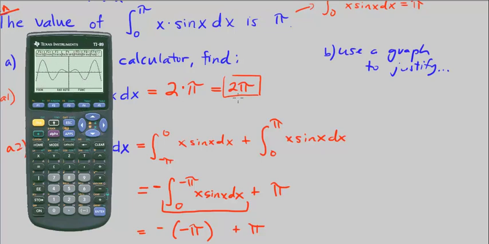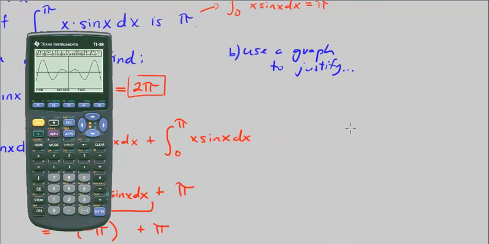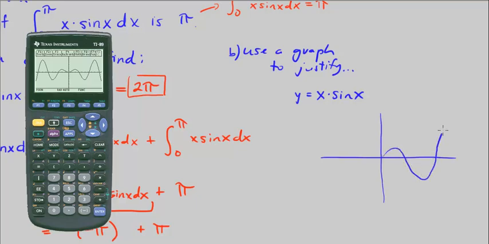And looking at the graph, you can see, right, so here's the graph. Here is x, let's say y is equal to x times sine of x. And we know that it looks like this, something like this.